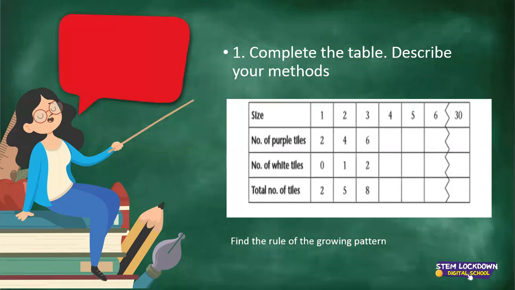So can we have the number of size 30? All right, I have Ihsan again saying that number of purple tiles will be 30, and then the number of white tiles will be 29, and then the total number will be 89.